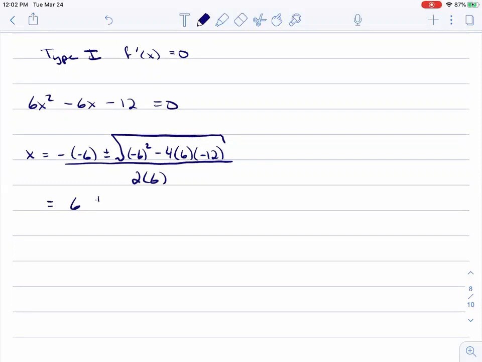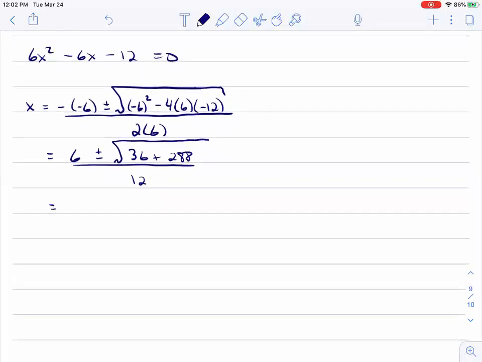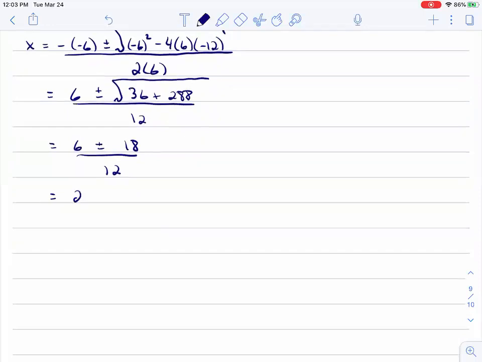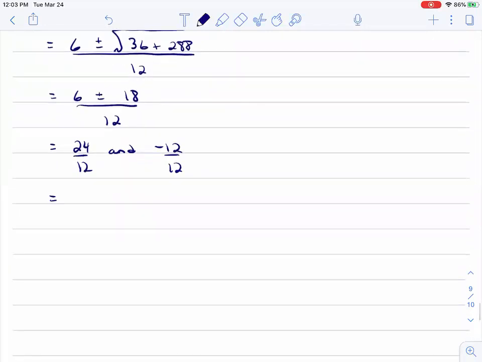So I get 6 plus minus the square root of 36 plus 288 over 12, which just happens to work out to 6 plus minus 18 over 12, which is 24 over 12, and negative 12 over 12. So x is going to be 2 and negative 1.